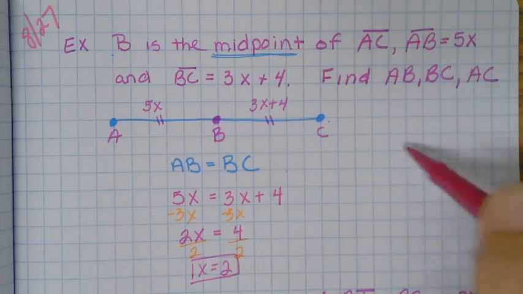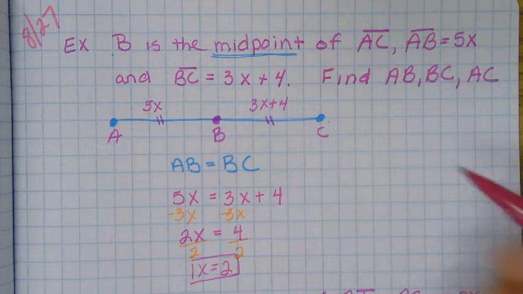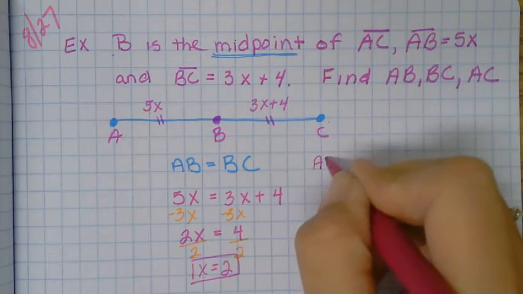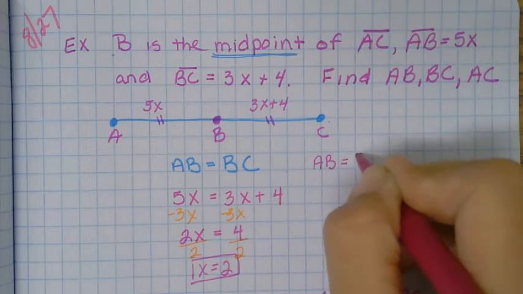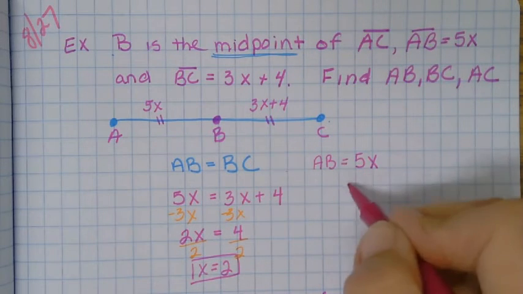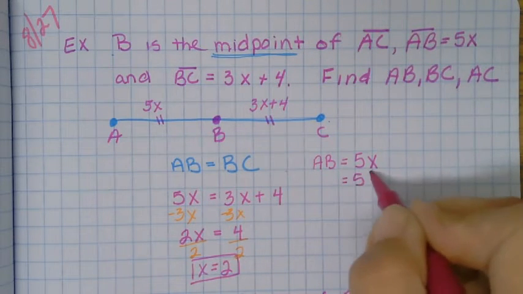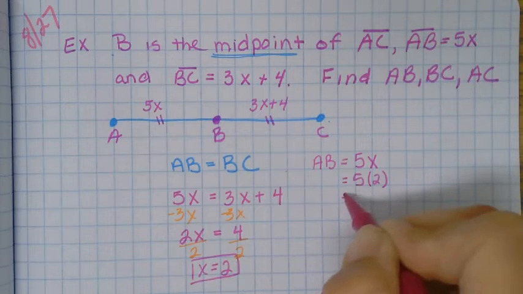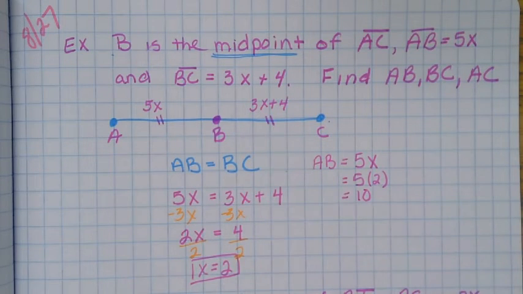But now I need to take that and plug it back in for these values. So AB, we know, was 5x. So I'm going to plug the 2 in place of the x, which means AB has a length of 10.